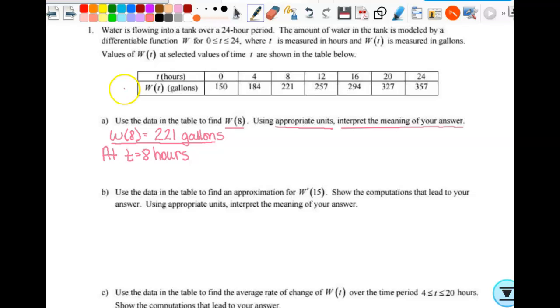So this is the amount of water in the tank at this time, right? So at t equals 8 hours, there are 221 gallons of what? Water in the tank.